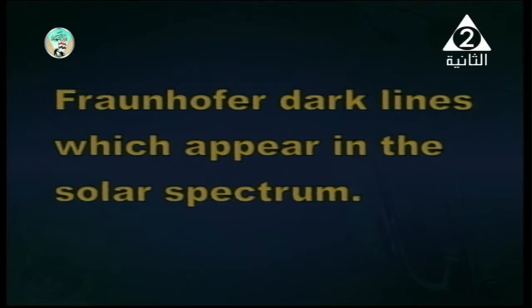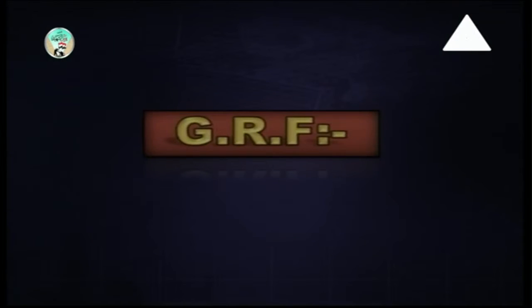This is a very important piece of information. Fraunhofer dark lines are an example for absorption spectrum. They appear in the solar spectrum. We've got here a question. You may encounter a question like, give reason for.